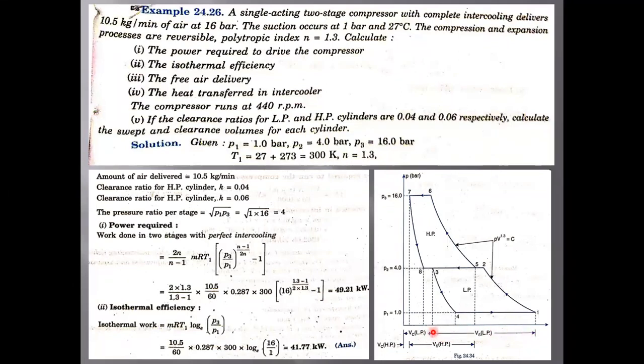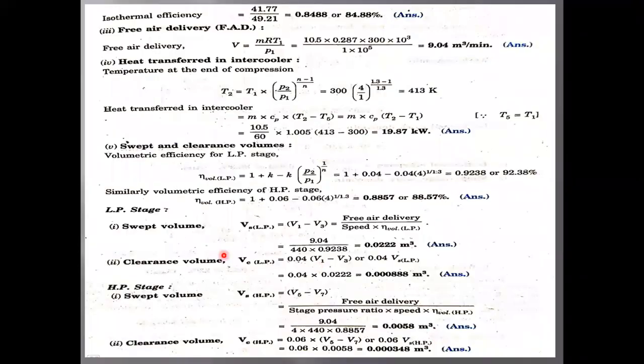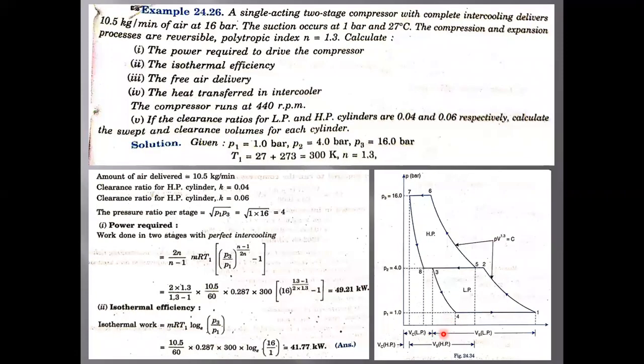From here to here, V1 to V3, is the swept volume for the low pressure cylinder, right? So that is what he has mentioned here. So for the low pressure cylinder, the swept volume Vs is V1 minus V3. From this diagram he has taken. Don't confuse. Whenever we are discussing the theory part, we have taken different names here.